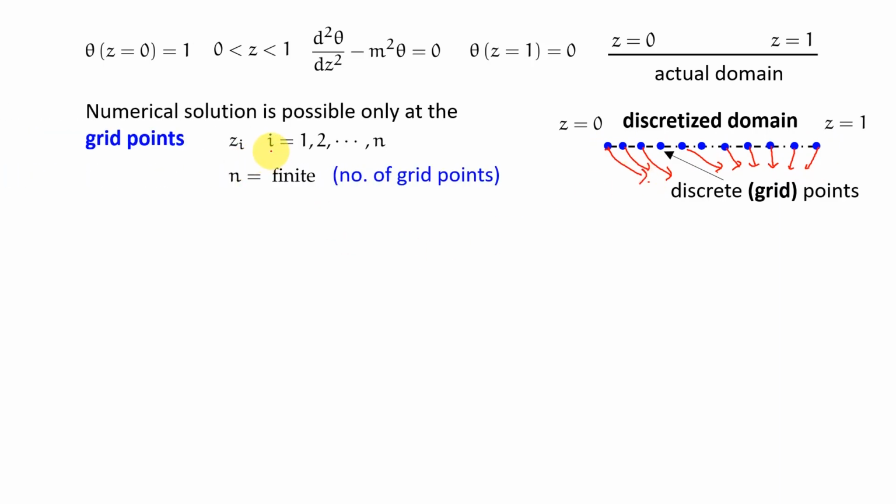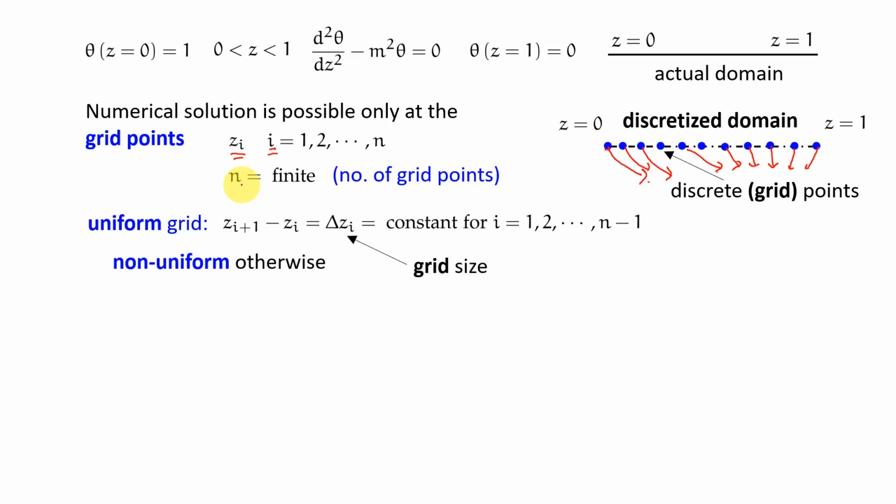These grid points, we have to give them a label, and I am giving this label as zi, i equals 1 up to n. So we have n number of grid points here, and this n must be finite. We can take as many grids as necessary, but this n must be finite. How many are necessary? We will come to that discussion in due course.